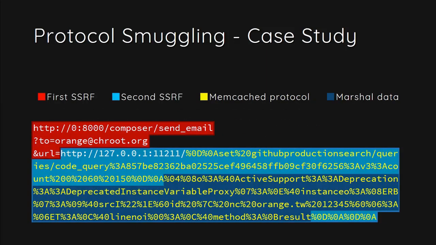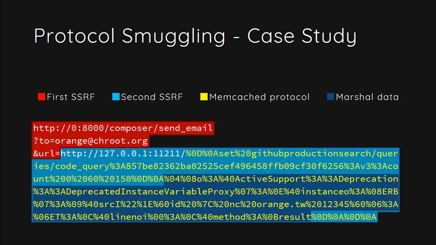So our goal is very clear. We use our SSRF execution chain to store a malicious Ruby object in Memcache. The next time GitHub fetches the cache, the RubyGem will deserialize the data automatically. And the result is we got a remote code execution. Here is the final payload. There are several paths.